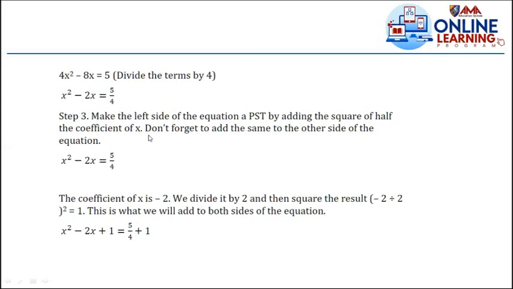Step 3, make the left side of the equation a PST by adding the square of half the coefficient of x. Don't forget to add the same to the other side of the equation. This is our equation, x squared minus 2x is equal to 5 all over 4.